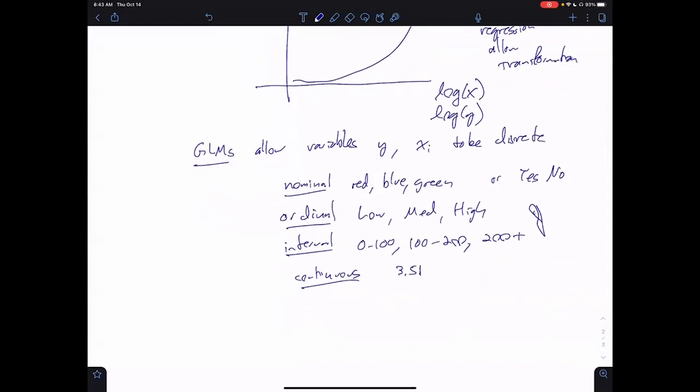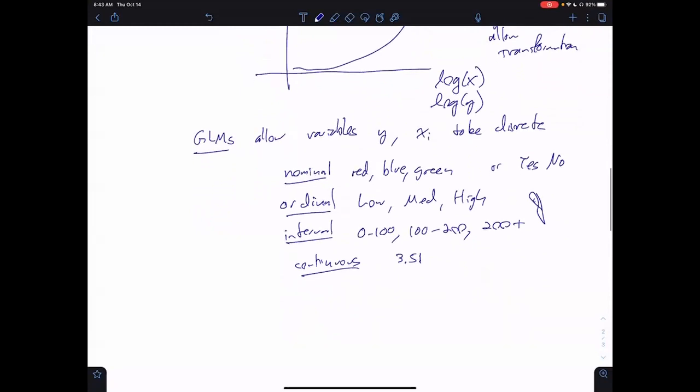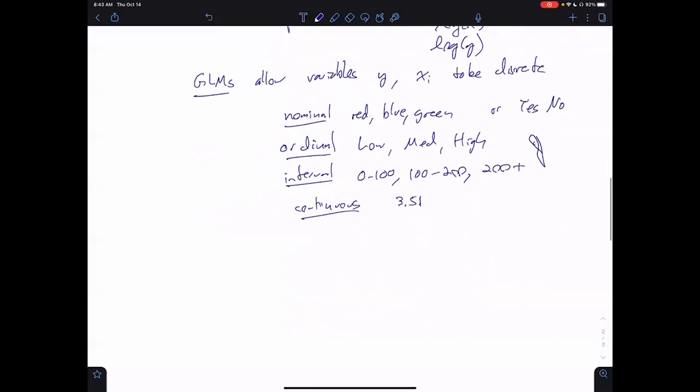Okay, so now to turn this into, or to define a generalized linear model, we want to somehow plug this thing into the linear framework, right? We'll plug these discrete variables into the linear framework.